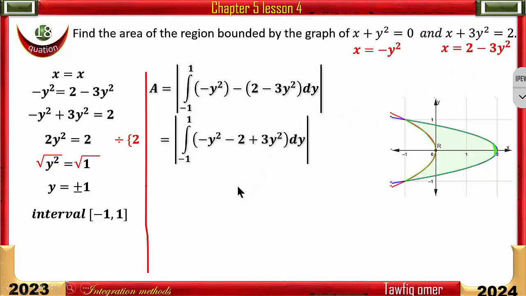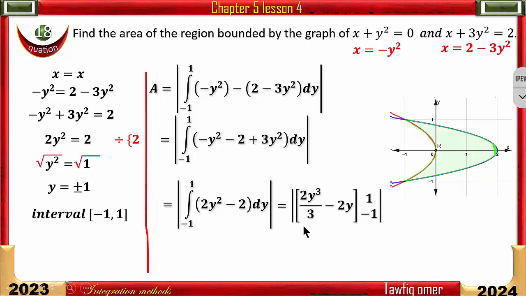And now opening this bracket and simplifying, area is equal absolute value of integration from minus 1 to 1, 2y squared minus 2 dy. And now take the integration by dy. The integration of 2y squared is 2y cubed over 3 minus 2y, from minus 1 to 1.